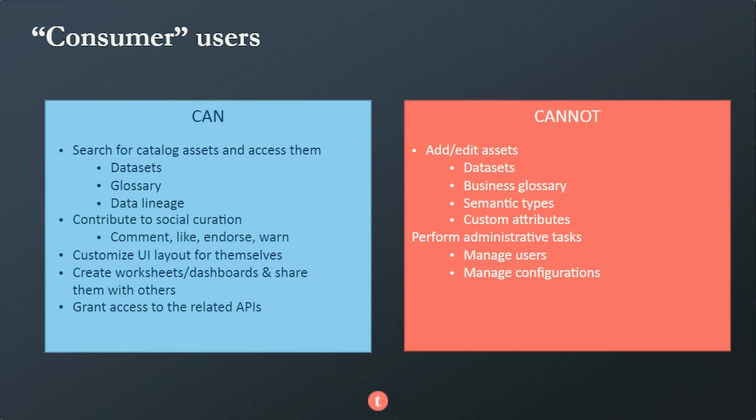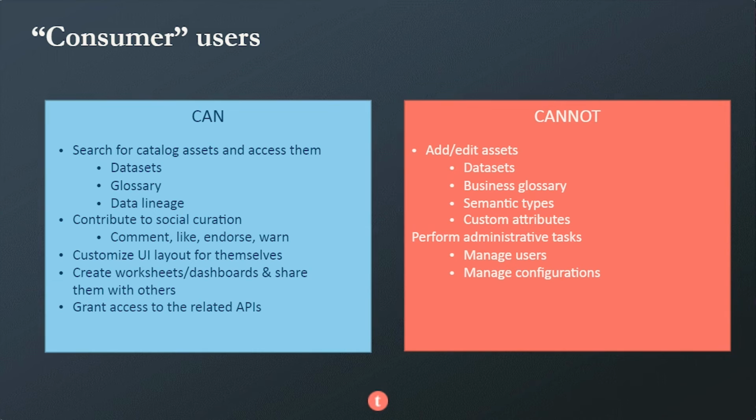They can create a custom user interface layout for themselves. So they can go in and on certain pages, they could change that layout to only see what they need to see or want to see. And they can also share that with others. And then they have grant access to related APIs. For those of you that know, the catalog comes with REST APIs, so they can grant access to those APIs.